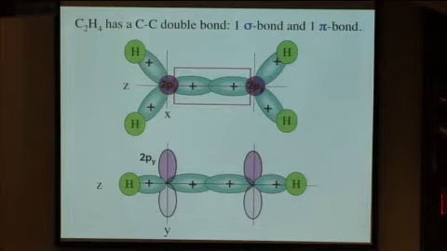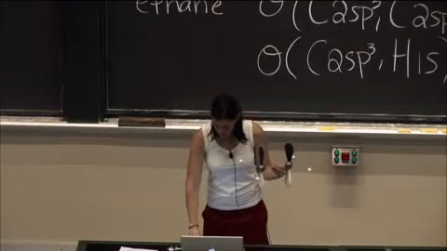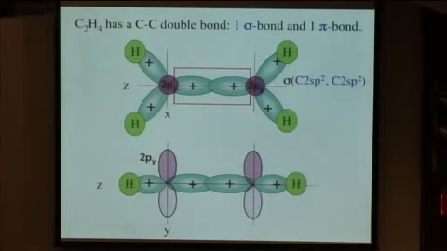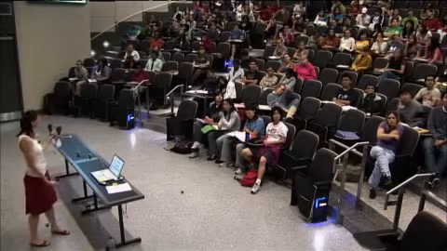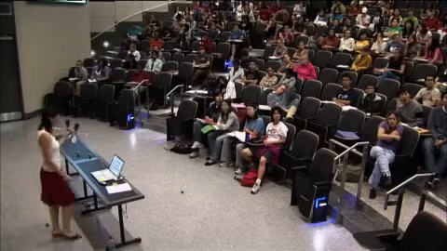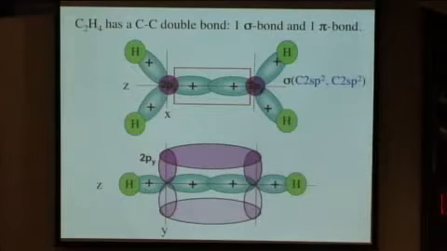We're having two orbitals coming together on the bond axis. So we'll call this sigma, and it's between two sp2 hybrid carbon atoms. So it's sigma, carbon sp2, carbon sp2. What about this second bond here where we're going to have interaction of two p orbitals? Is that sigma or pi? Pi, great.